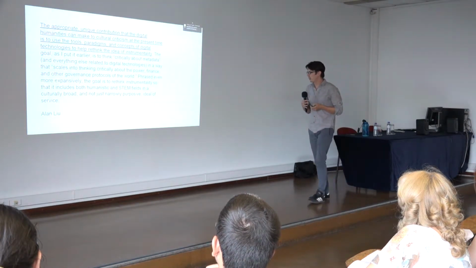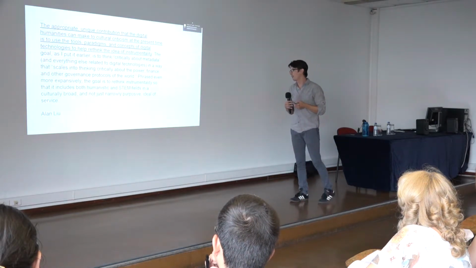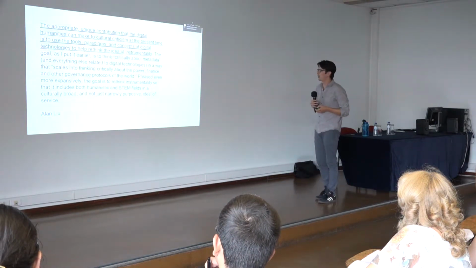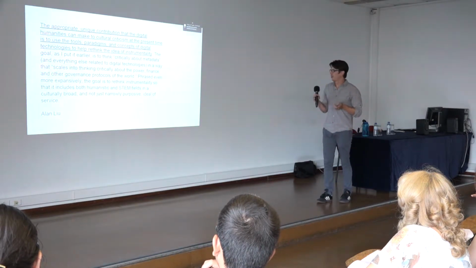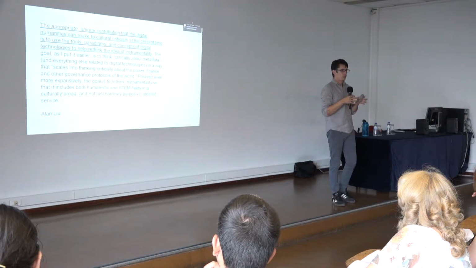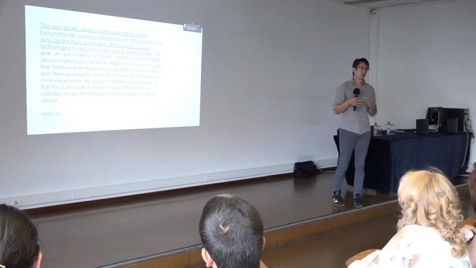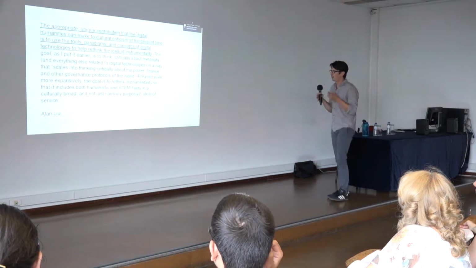Phrased even more expansively, the goal is to rethink instrumentality so that it includes both humanistic and STEM fields in a culturally broad and not just narrowly purposive ideal of service." So Alan Liu thinks that using digital tools is a way to think critically about digital society. And this is an influential argument.